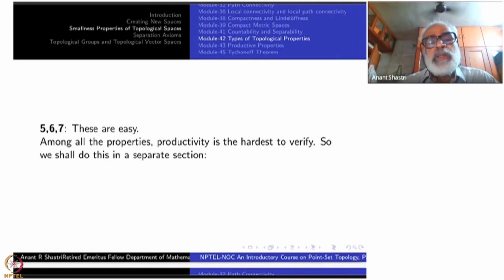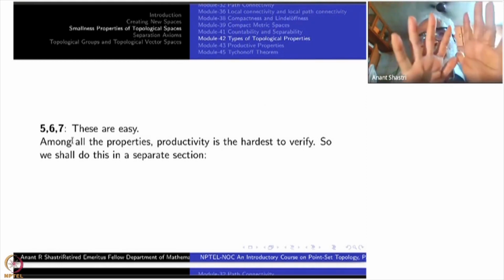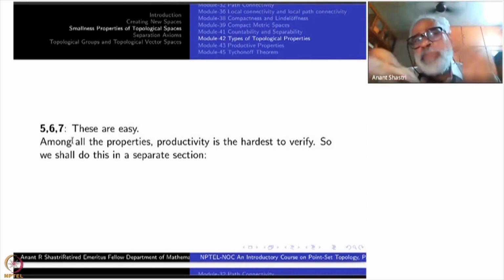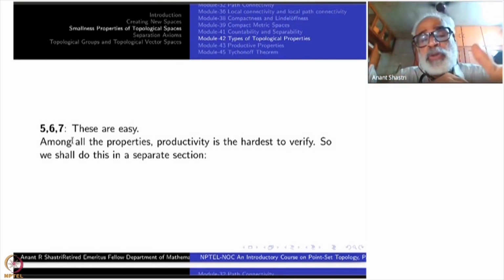That point will be in the intersection of these two, in the image. That's all. Okay. 6 and 7, path connectivity, we have seen that the image of a continuous function itself has this property. Connected image will be connected, path connected image will be path connected. So it's much stronger than being co-hereditary.